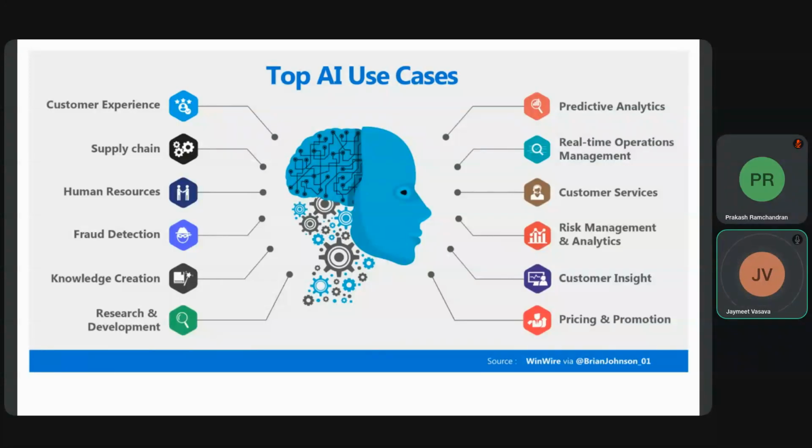Some of the cases are customer experience, supply chain, human resources, fraud detection, real-time operations management, risk management and analytics, customer insights for the organization, and pricing and promotion related activities.